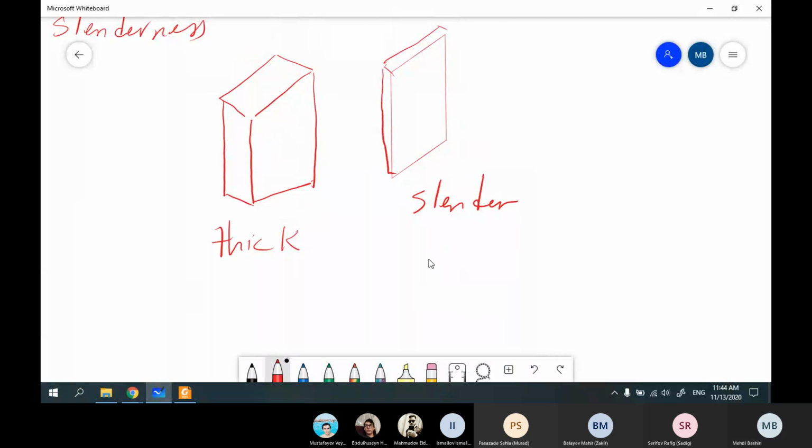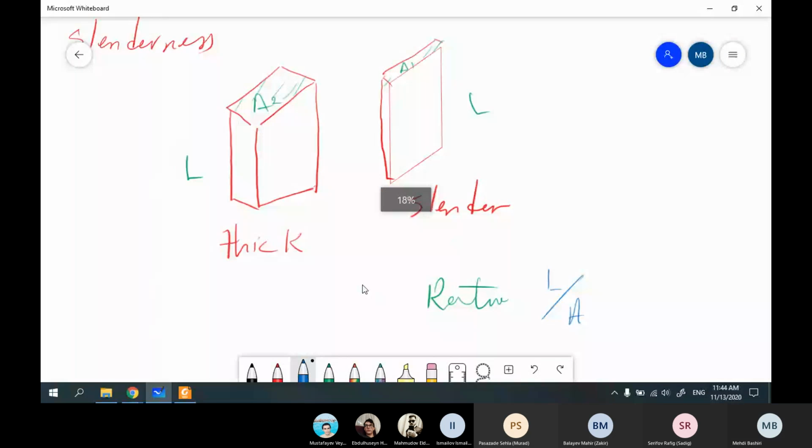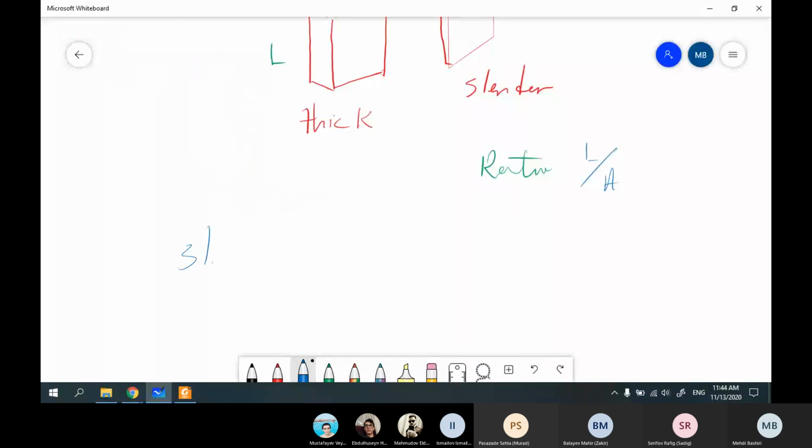Okay, what's the difference? The difference is the ratio. For example, this is L and this is F. The length is equal, but this one is A2, this one is A1, the cross section. The ratio of length to cross section is called slenderness ratio. Let me write it in this way.